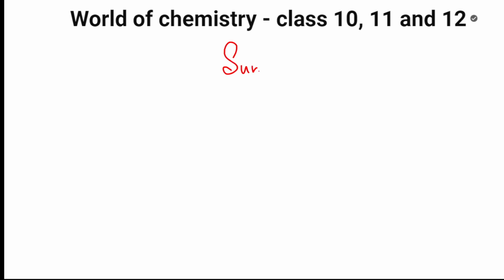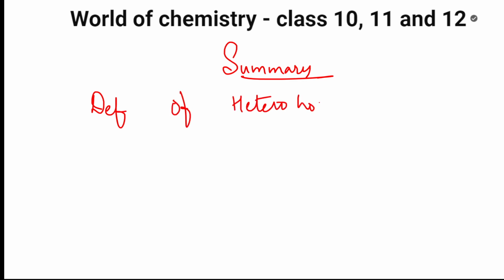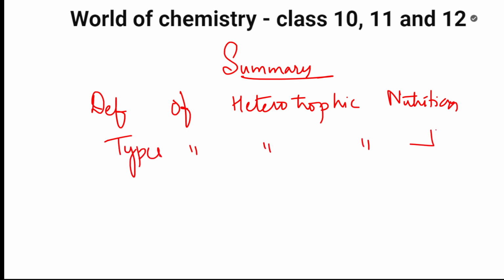Today in our video, we have done one important thing. We've studied the definition of heterotrophic nutrition. Then we also studied the types of heterotrophic nutrition. How many types are there?